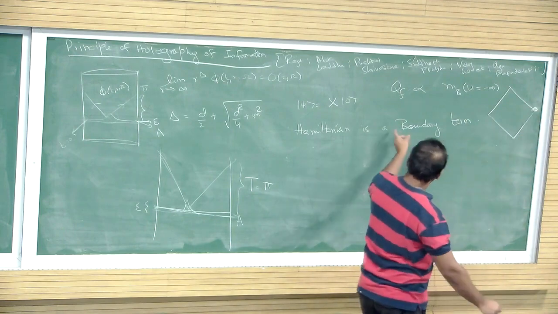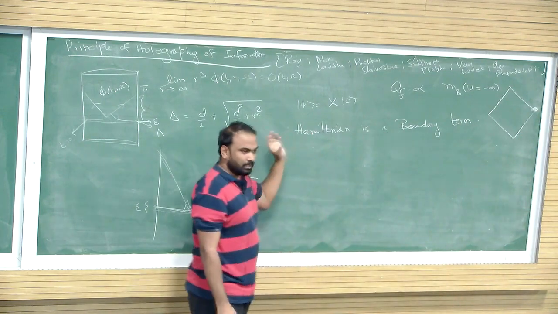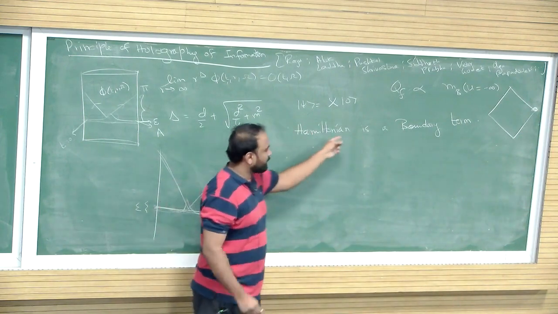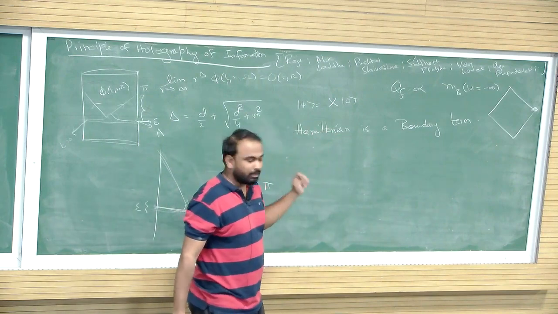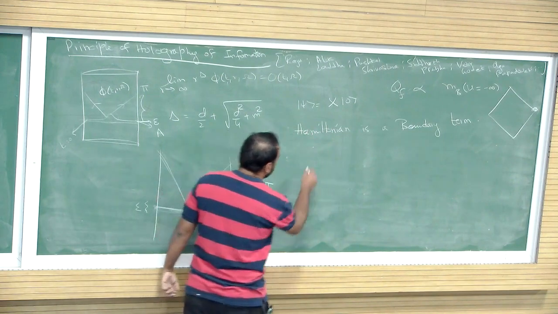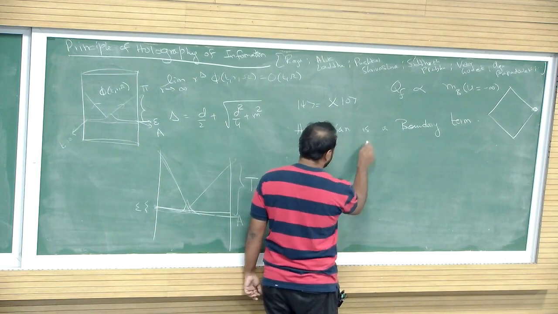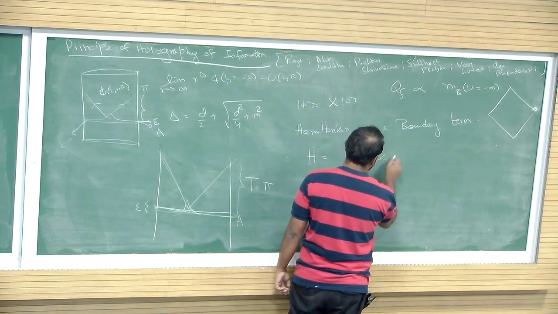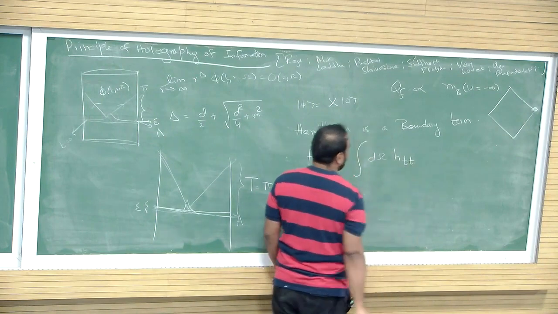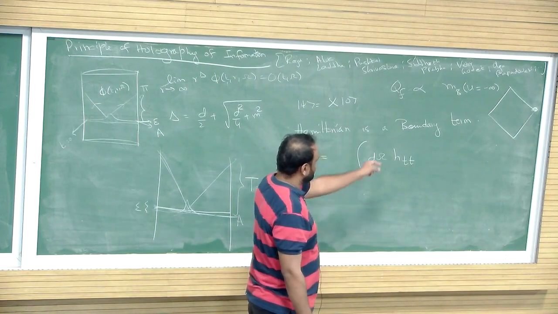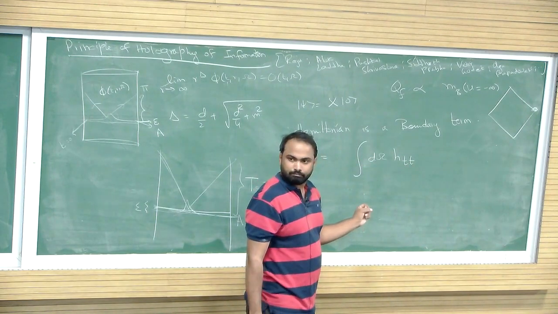So in that case, this was a metric fluctuation at this point. And what I'm saying is a more general statement about the Hamiltonian in the theory of gravity. In this case, it so happens that the Hamiltonian can be written as a constant times the integral of a particular metric component h_tt. Okay?